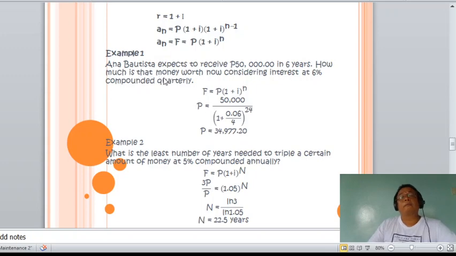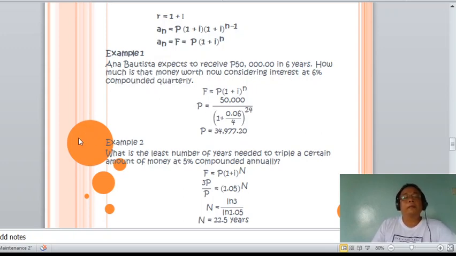So, let us again take another example. Sample number 2. What is the least number of years needed to triple a certain amount of money at 5% compounded annually? To triple means it will become 3 times the principal. Again, the formula is F equals P multiplied by (1 plus i) raised to n, where the future amount is equivalent to 3 times the present amount.